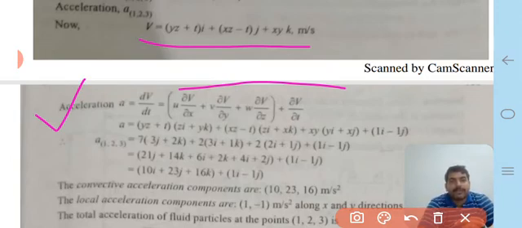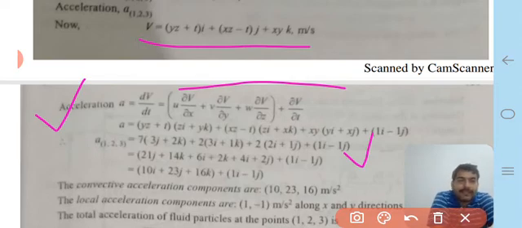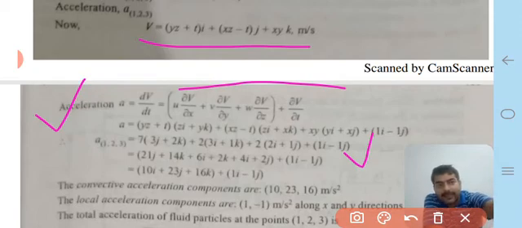Therefore, all the values are calculated above, that is del v upon del x, del v upon del y, del v upon del z and del v upon del t, calculated with the help of the given velocity field. Rearranging these equations, the final result is given here.